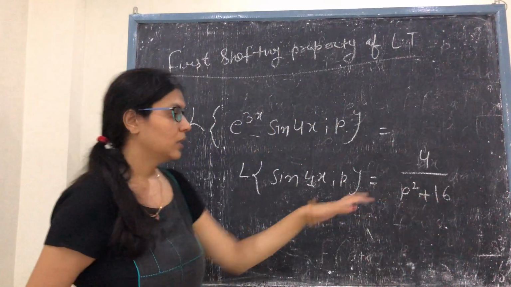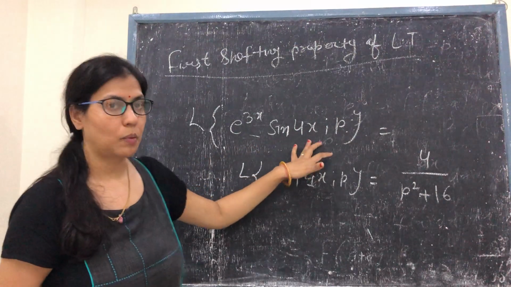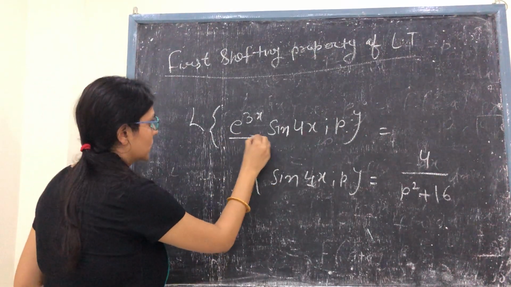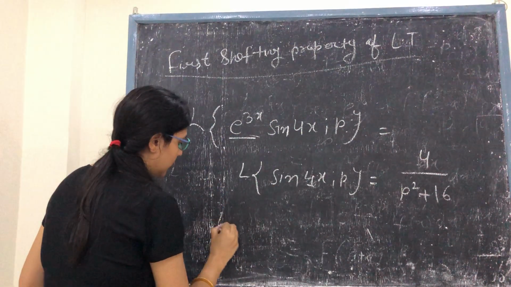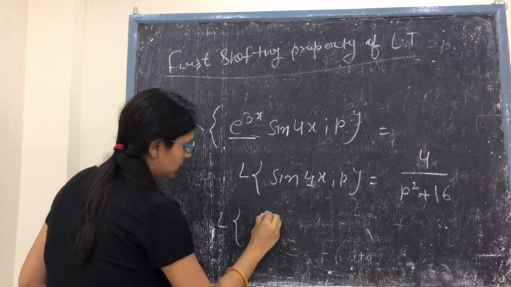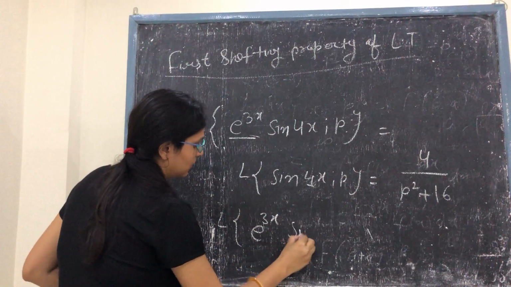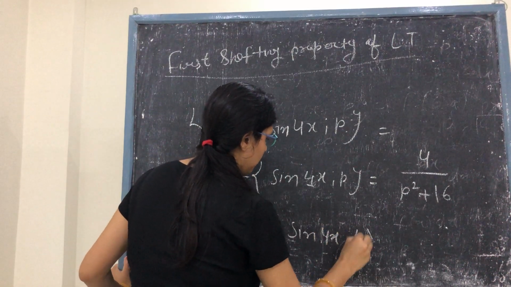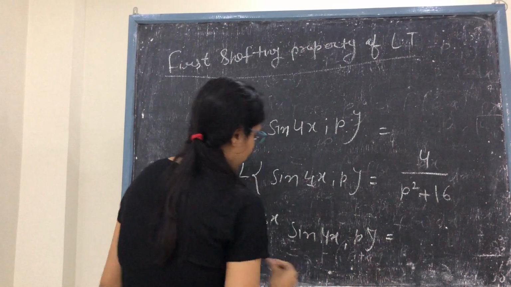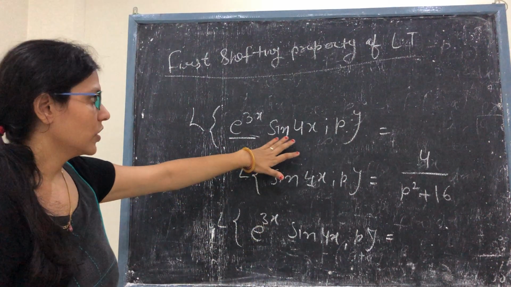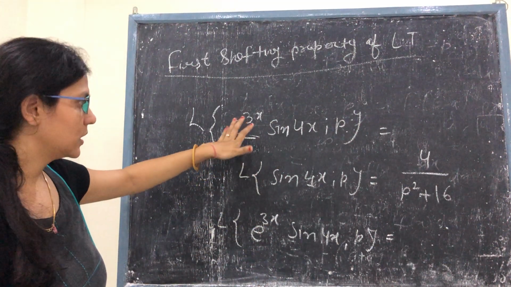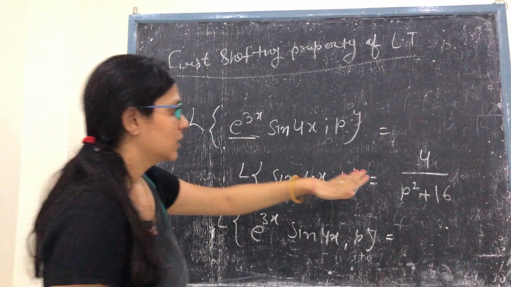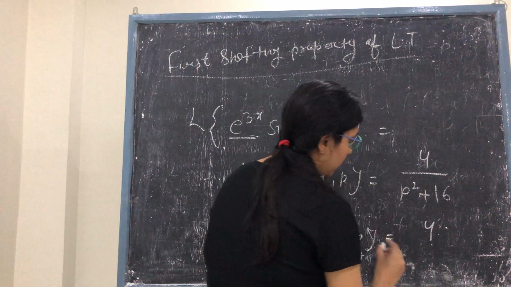Is it clear? Now using the first shifting property, we are multiplying our function by e raised to the power ax. Here a is 3, e raised to the power 3x sine 4x. If we multiply the function by e raised to the power ax, then it becomes f of p minus a.